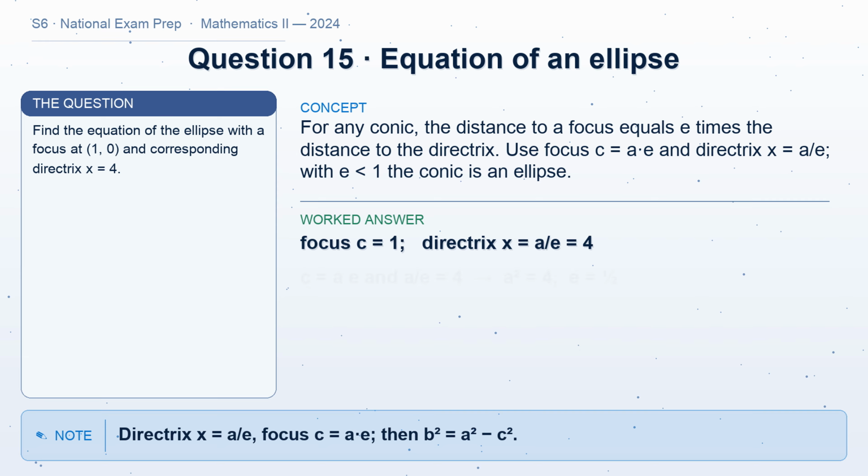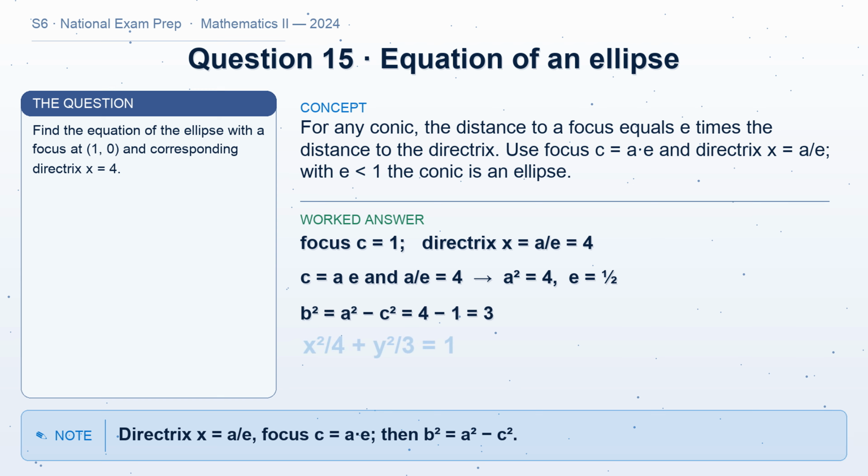Multiplying c equals ae by a over e equals 4 gives a squared equals 4, and then e is 1/2, less than 1, so it truly is an ellipse. Now b squared is a squared minus c squared, that is 4 minus 1, which is 3. So the ellipse is x squared over 4 plus y squared over 3 equals 1.